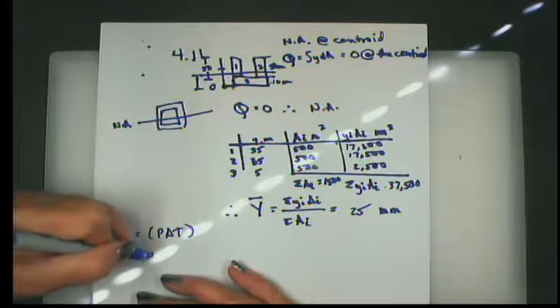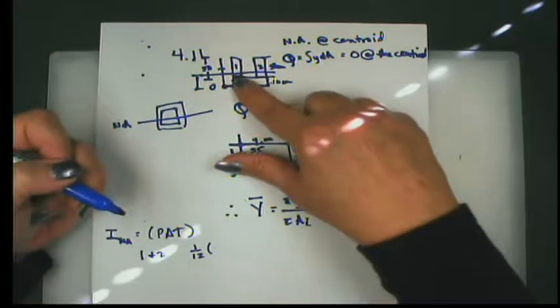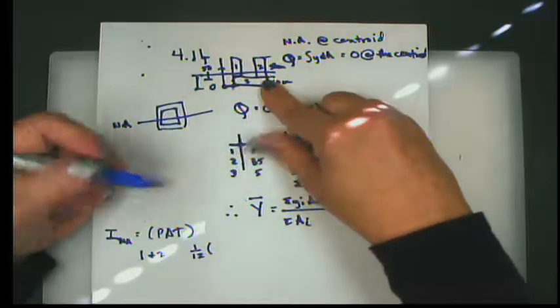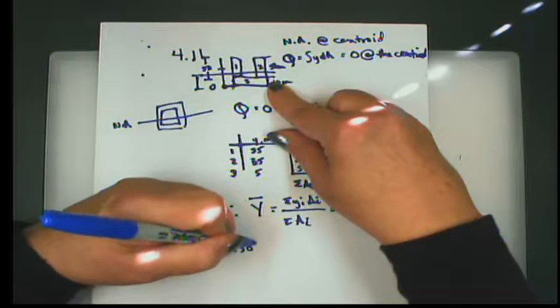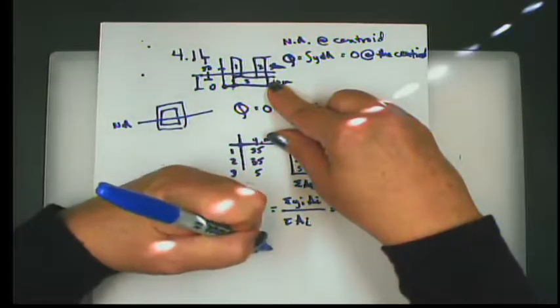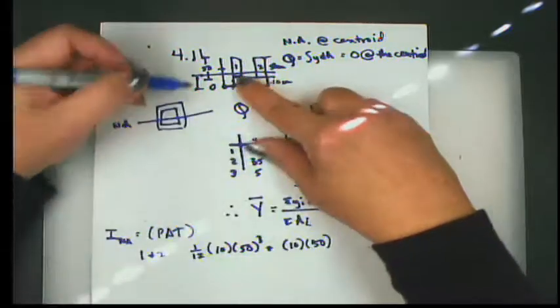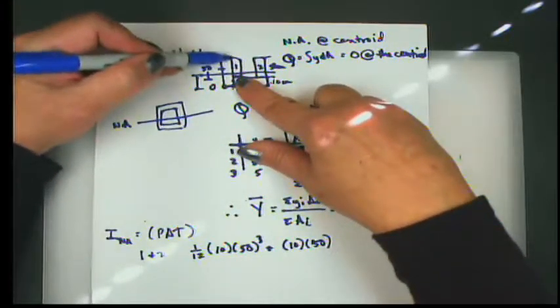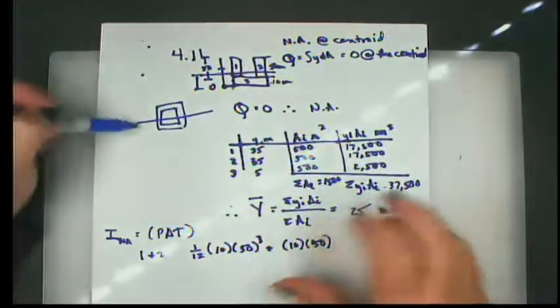So for parts 1 and 2, that means it's going to be 1/12 times the base of each of these upward pointing legs, 10 millimeters, times the height of each of those, raised to the third power, plus the area of each, times the distance from the centroid of each of these pieces to the neutral axis of the entire thing.